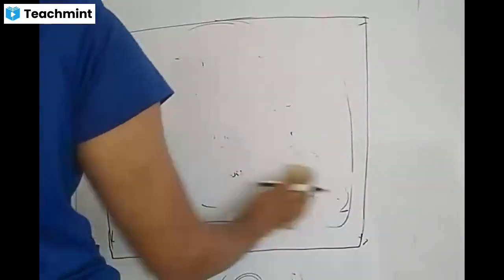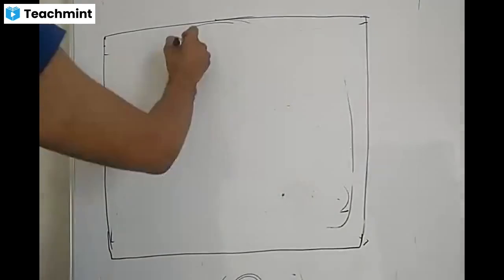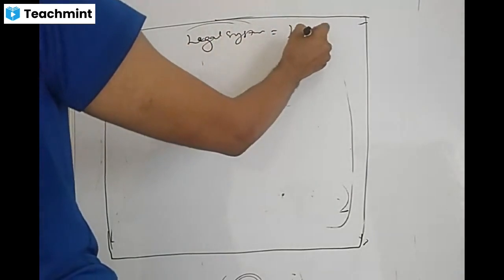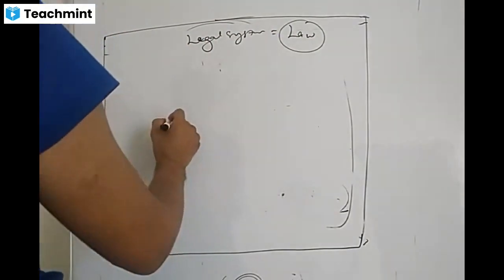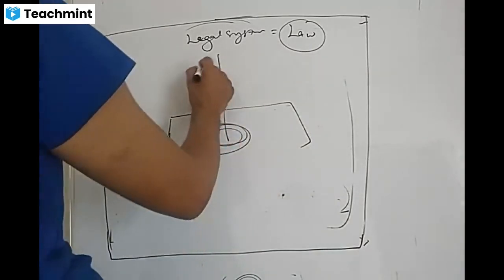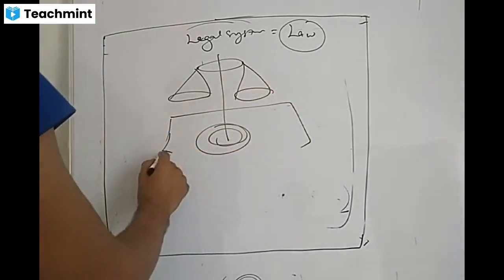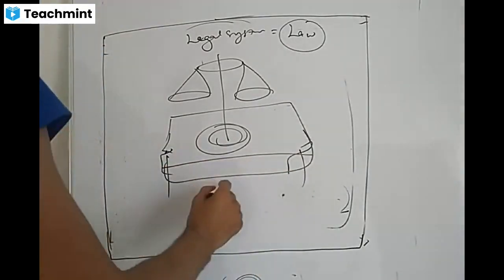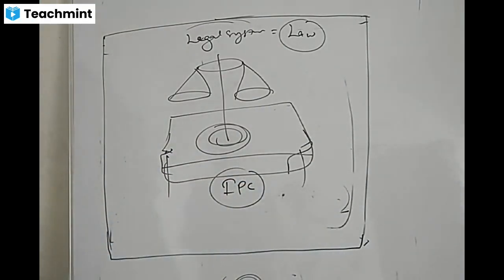So starting with the legal system, whenever the term legal systems come, there is something about law. So if we look at this, this is your IPC, Indian Penal Code.